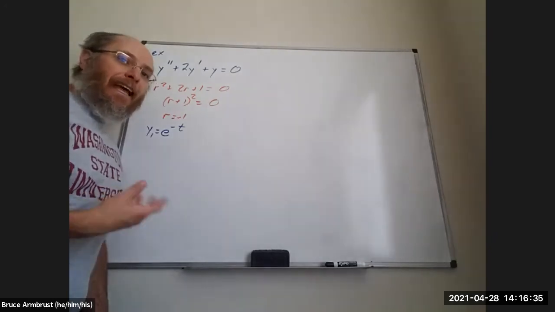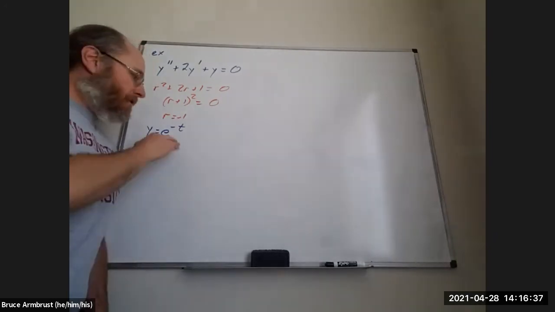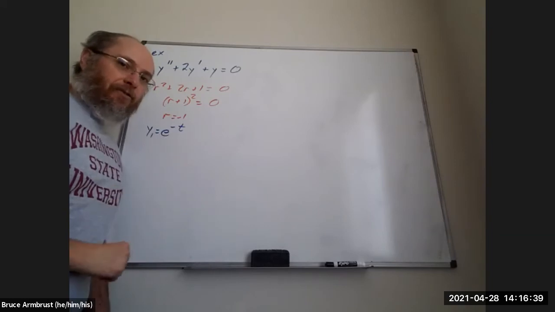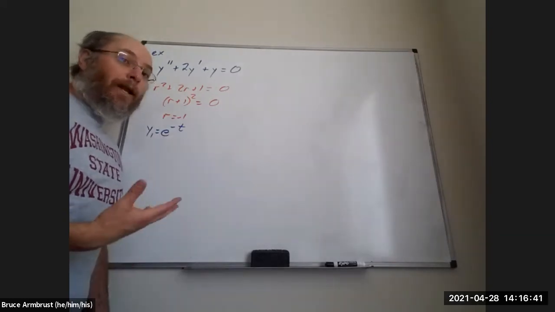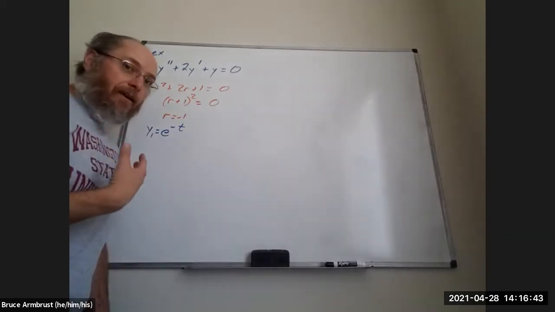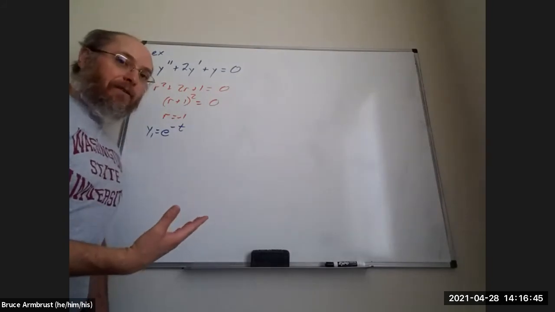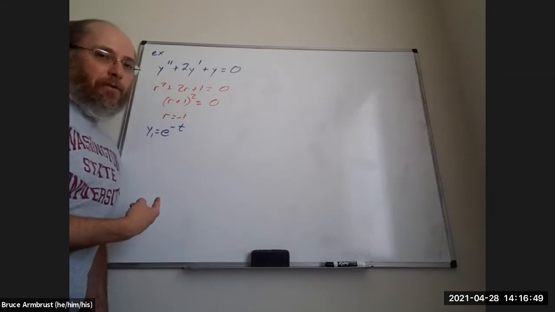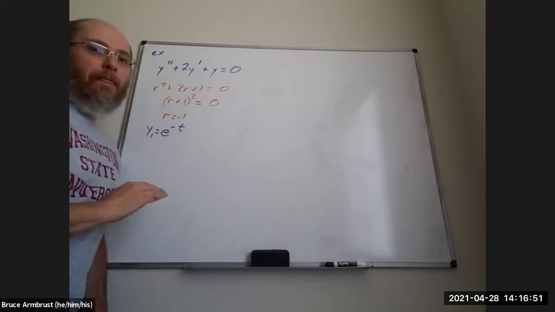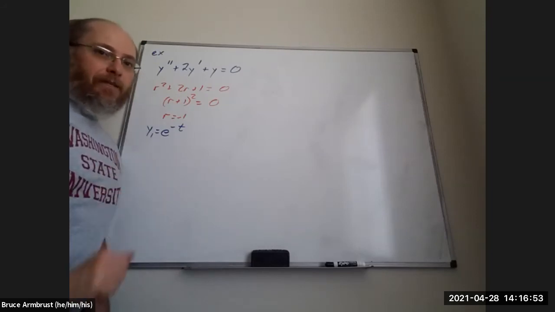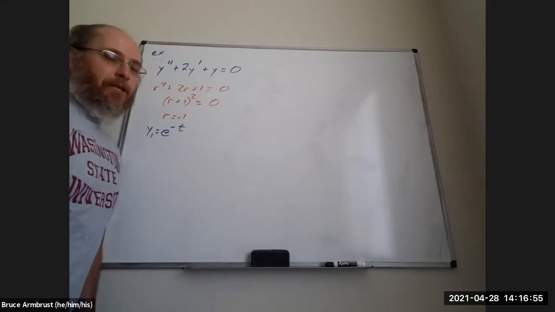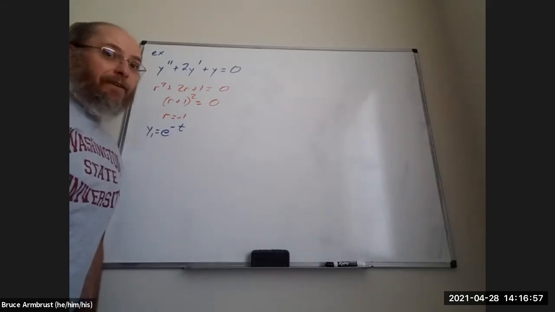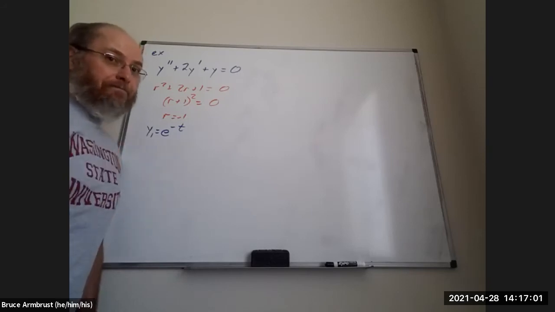All I need is a solution. So e to the -t is a solution. When I go and I form all the possible options after I get a fundamental set, then yeah, I'll definitely multiply that by a C1. But just as one of the elements of the fundamental set, you don't need to put a C on there. You can if you want, but you don't need to. And because you don't need to, I don't. Because I'm late.